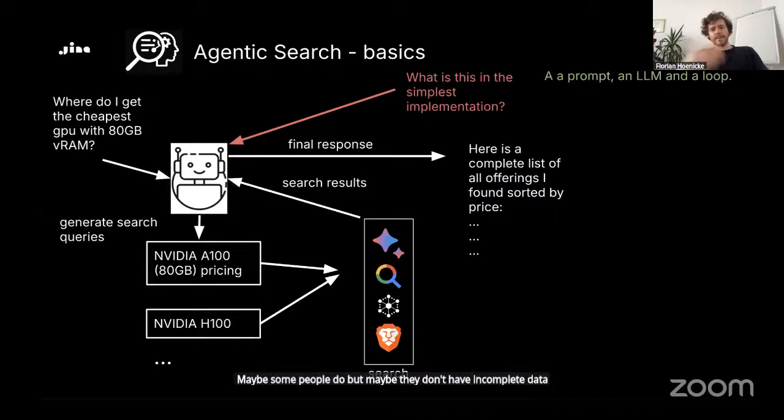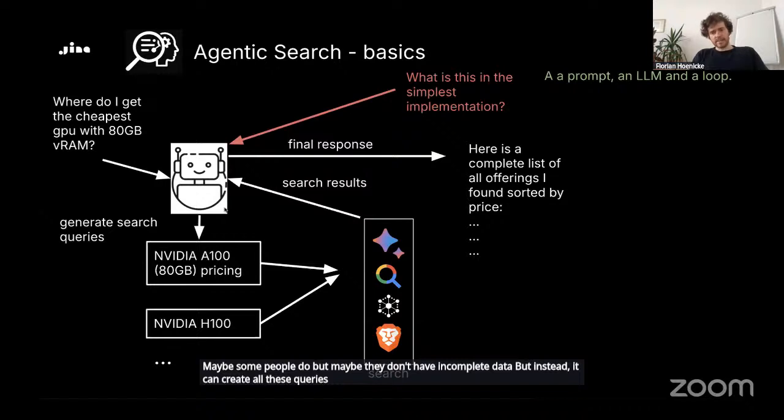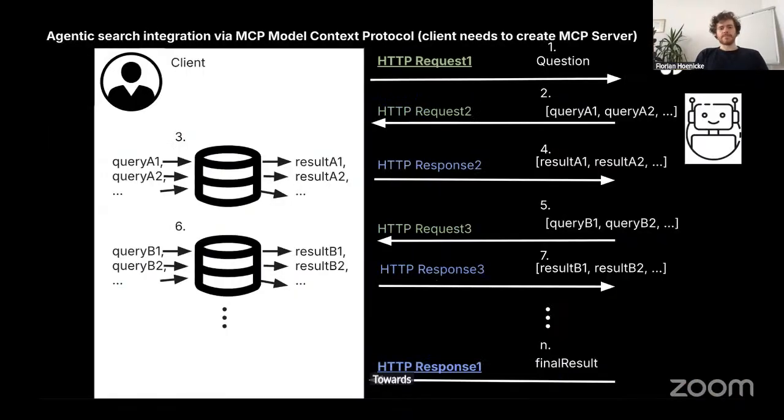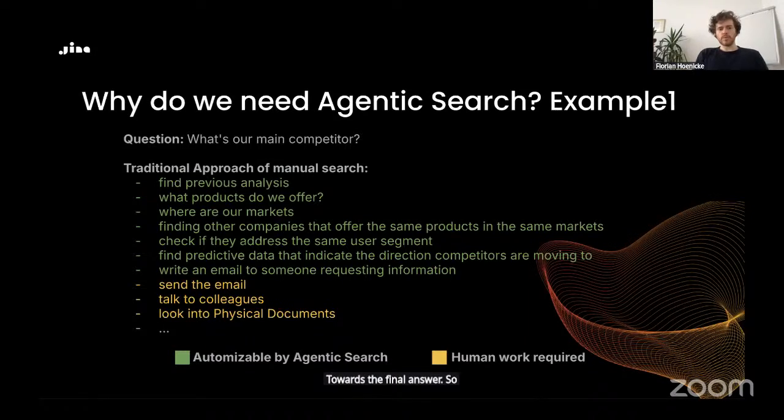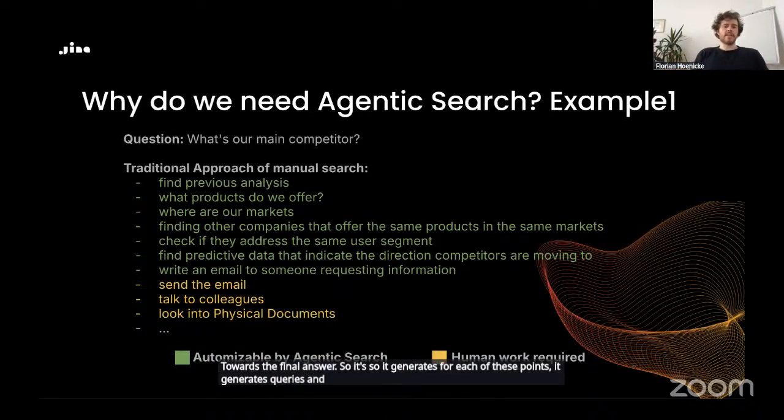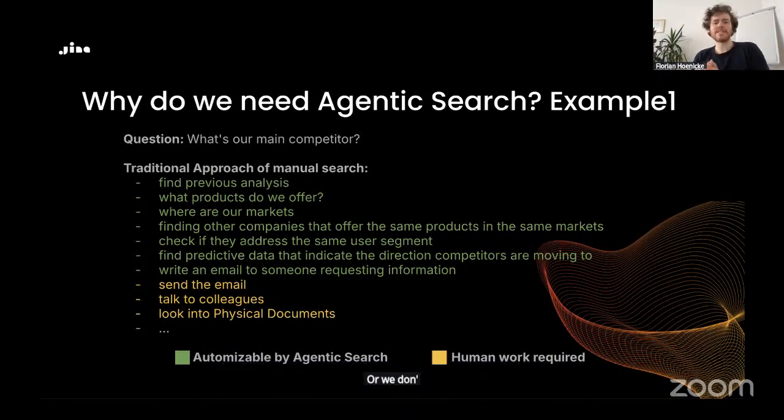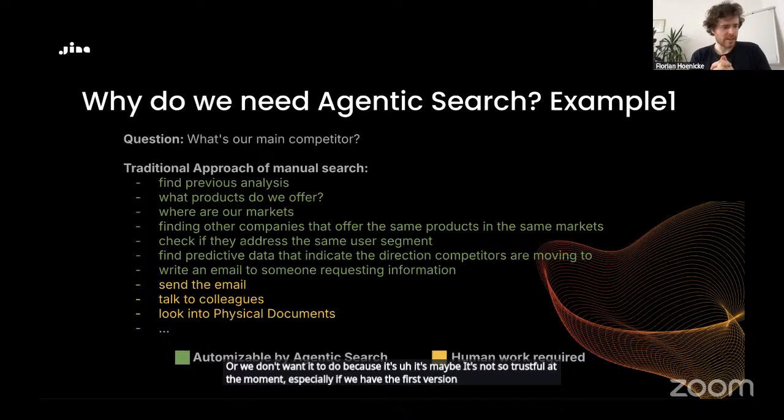But instead it can create all these queries like I listed, they were in green, and can then go in iterations and get closer to the final answer, developing a partial solution towards it. So for each of these points, it generates queries and retrieves documents, and then is able to provide a final answer, almost, because there are certain things that the search agent won't be able to do, or we don't want it to do, because it's maybe not so trustworthy at the moment, especially if we have the first version and we don't know if it works really well.